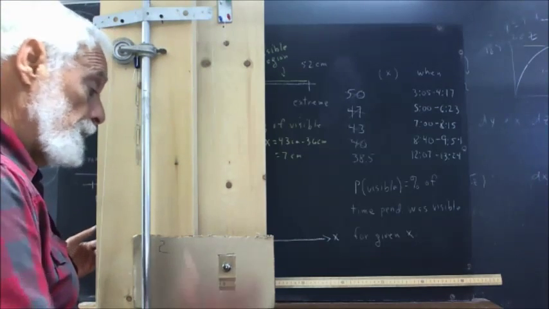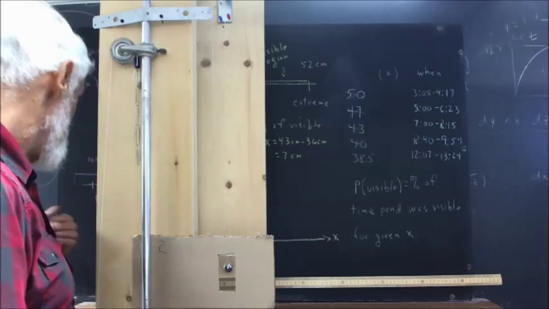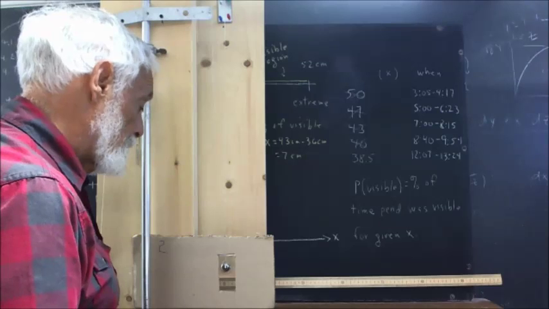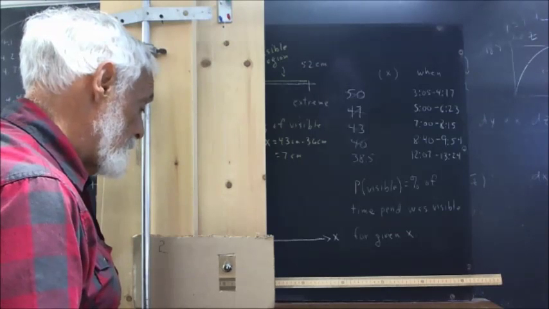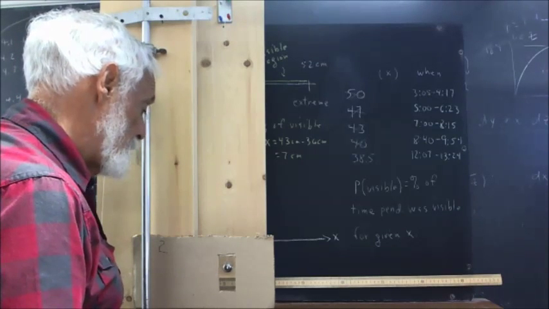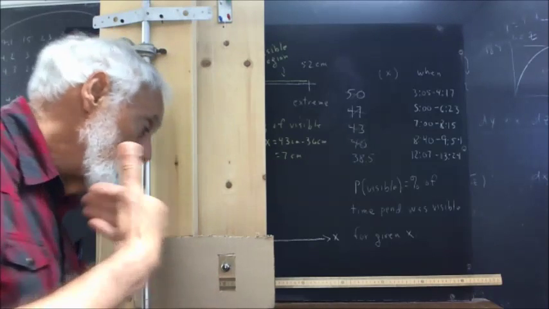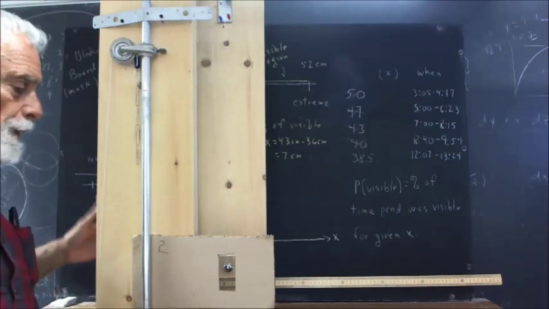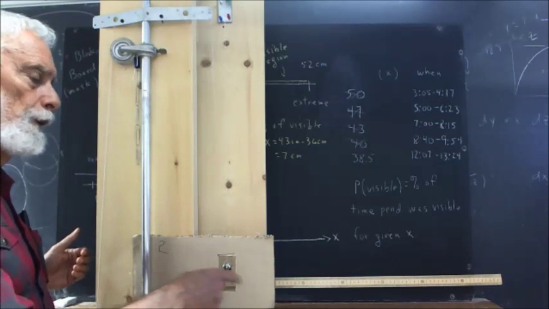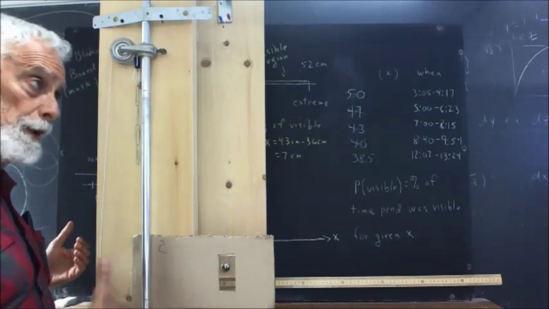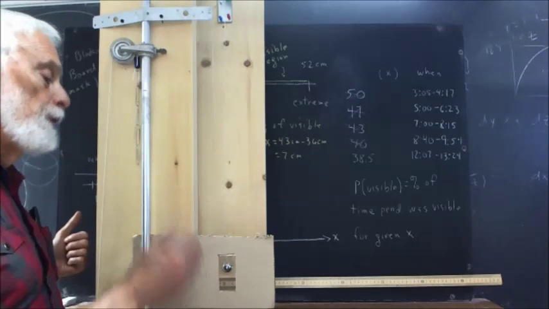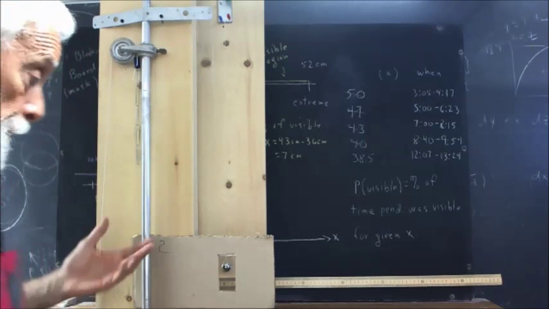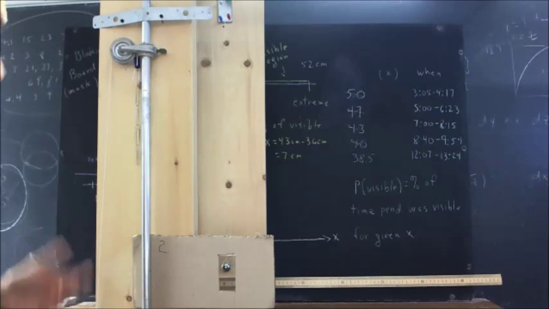I move my hand at the instant I start the pendulum, so that in doing the timing, you'll know when the pendulum is swinging, and you'll know whether the ball is in this window or not. Okay, so that's the procedure. Now I'm going to proceed to do that.